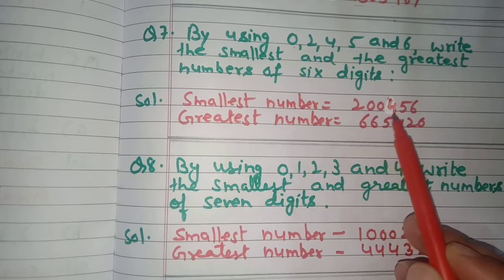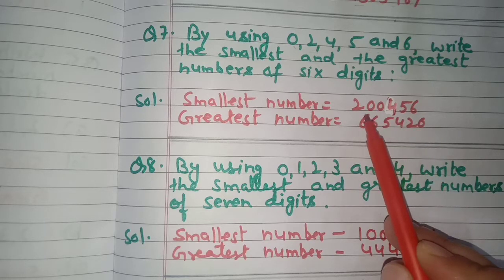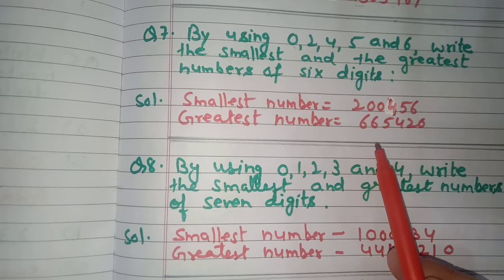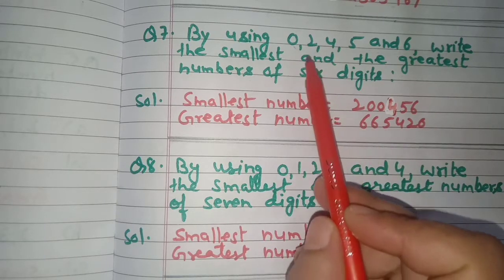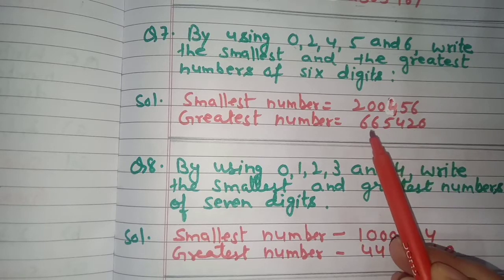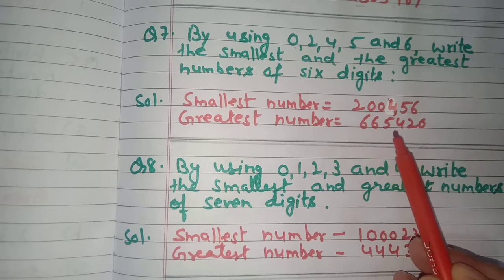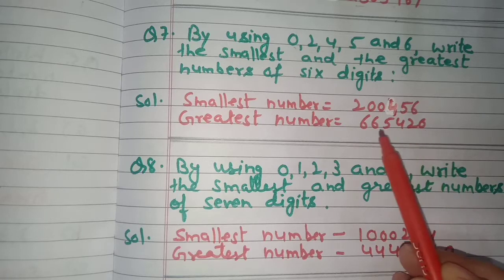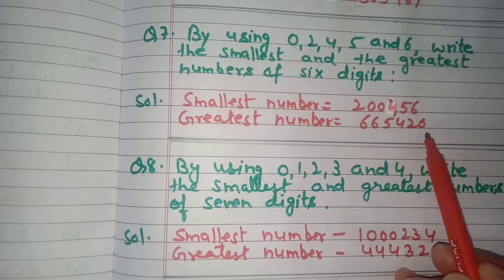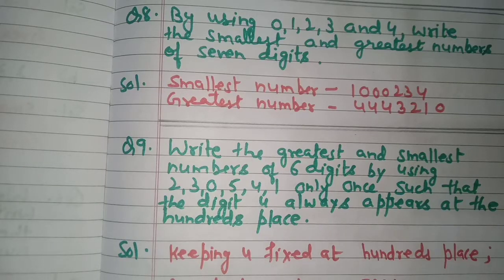So 200456, that is 2,00,456, is the smallest number. Now for writing the greatest number, we will write these digits in decreasing order and repeat the greatest one. It means 6 will be written twice, then 5420. It means 6,65,420. Now next is question number 8.